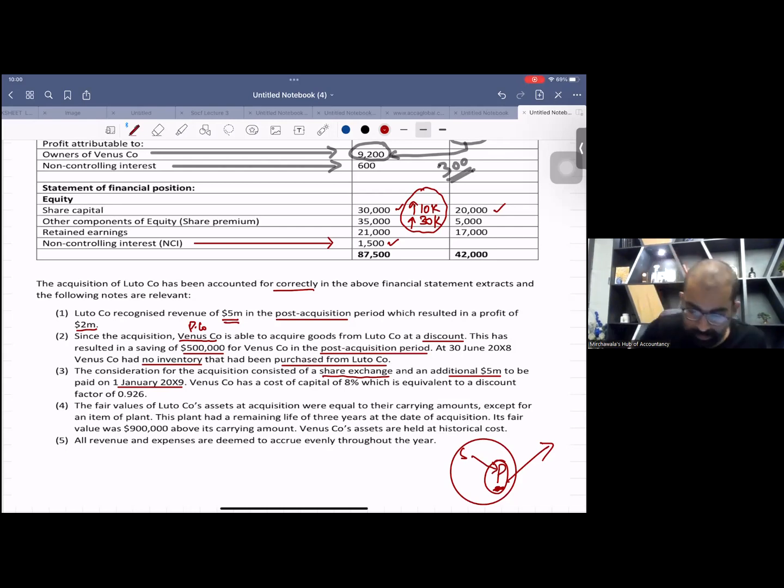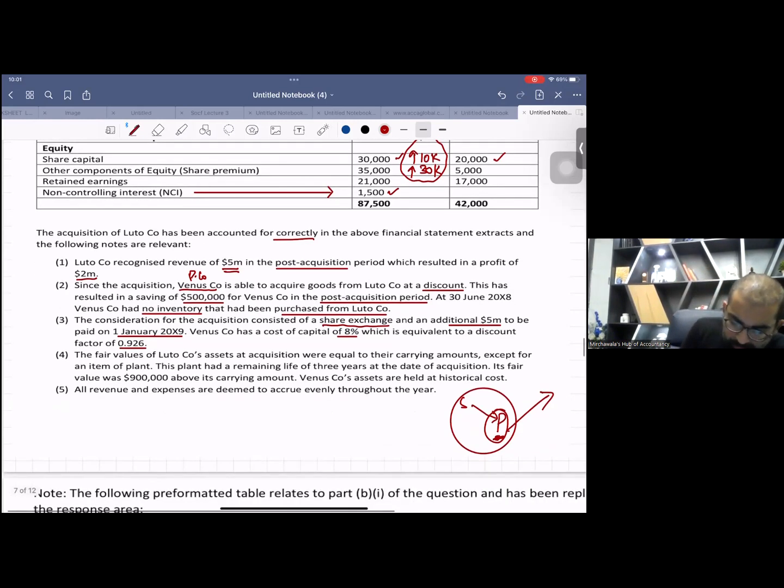This is very interesting. Venus company has a cost of capital of 8%, which is equivalent to a discount factor of 0.926. Now, wait, let me tell you in very basic language.